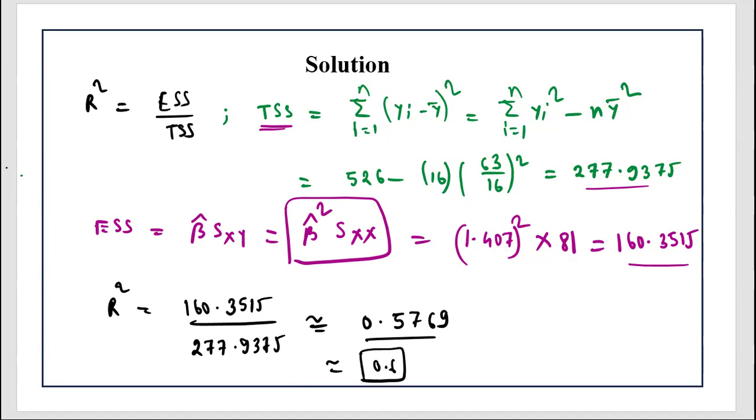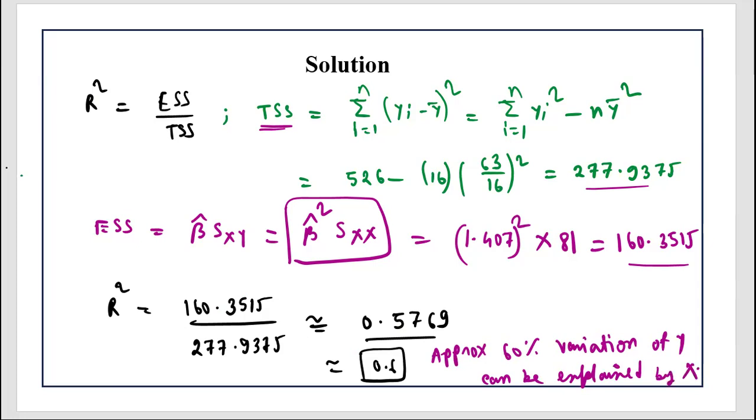So basically what it says is that approximately 60% variation of Y can be explained by the variable X, right? That will be the interpretation. Or if you get 0.75, then you can say approximately 75%, whatever you get.